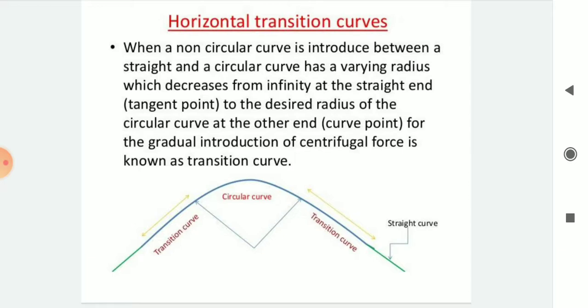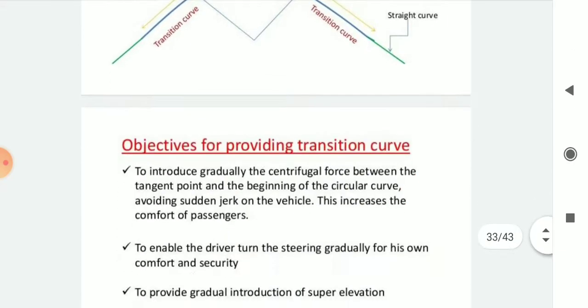A non-circular curve introduced between a straight and a circular curve, having a varying radius which decreases from infinity at the straight end, that is the tangent point, to the desired radius of the circular curve at the other end, the curve point, for the gradual introduction of centrifugal force, is known as a transition curve.